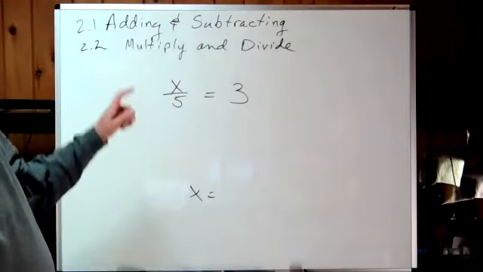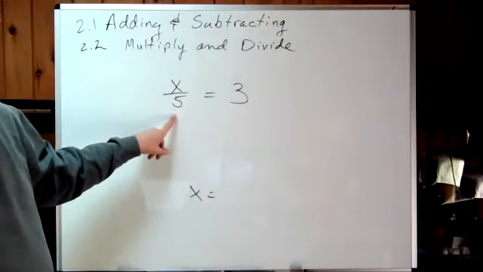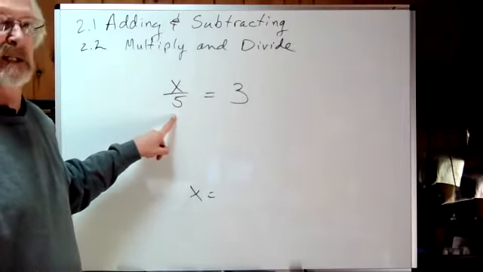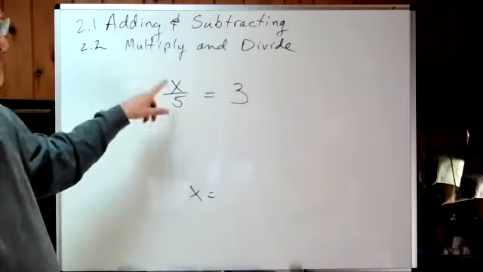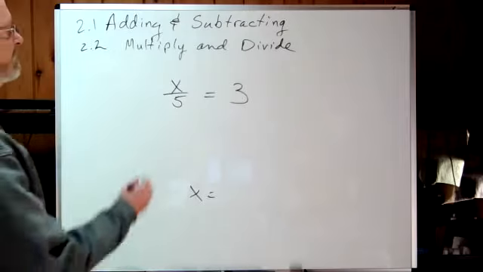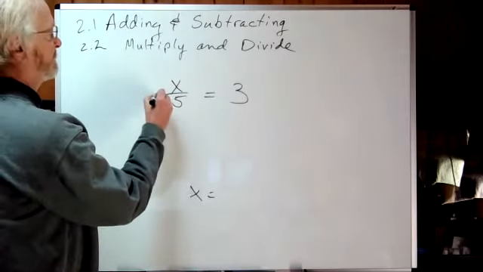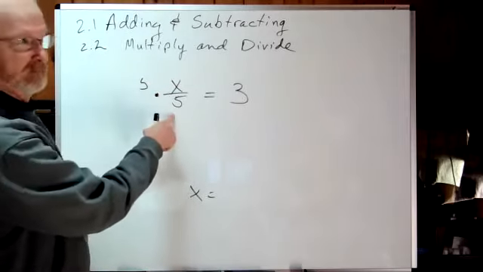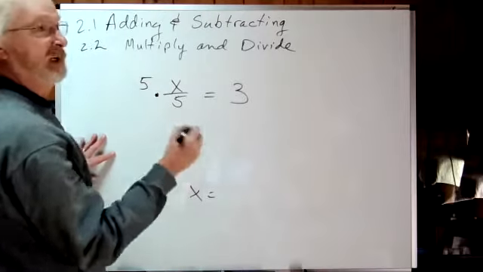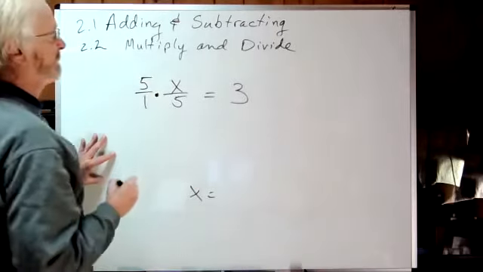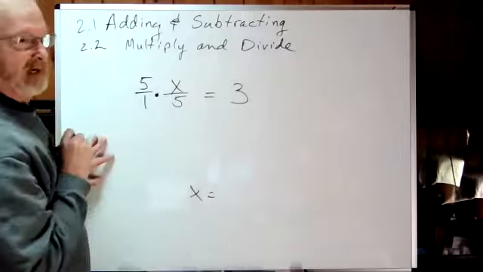I'm going to use the opposite operation of dividing, which is multiplying. And it's nice when you write it as a fraction, because multiplying by its reciprocal is going to allow those 5s to cancel out.